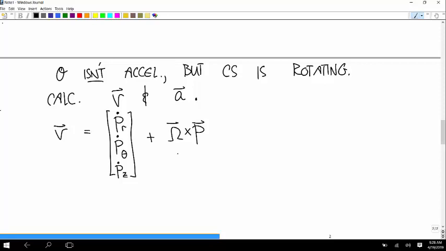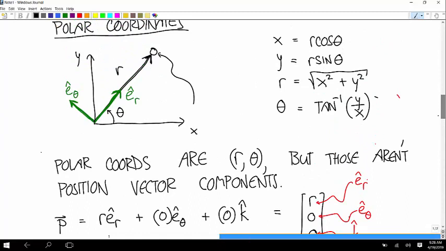What do we know about omega? The angular velocity is non-zero. And we can give a relationship between that vector and this theta.